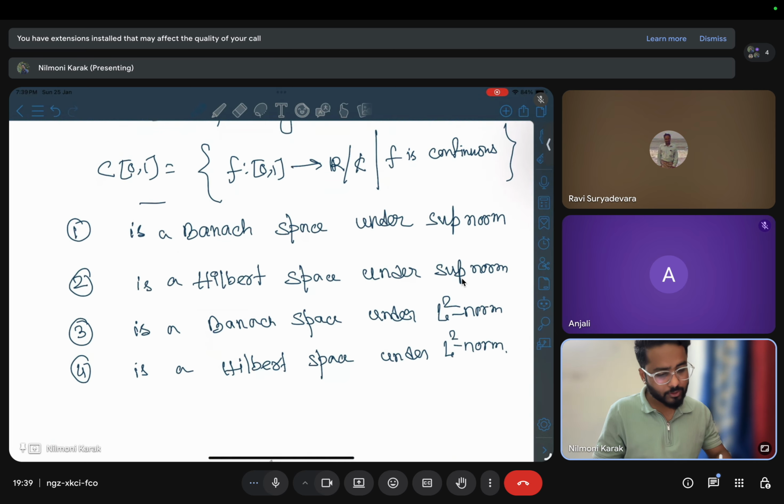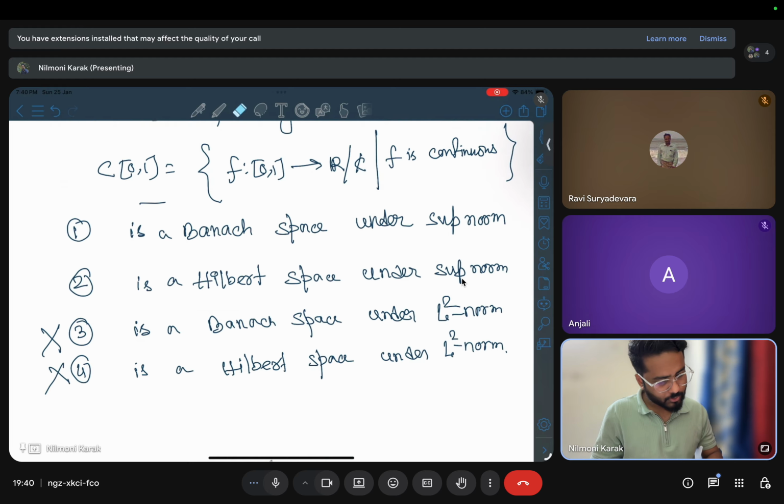It is a Banach space under the sup norm, Hilbert space under the sup norm, Banach space under the L2 norm, and Hilbert space under the L2 norm. Some of these are not true. Under the L2 norm it is not a Banach space, and not a Banach space means not a Hilbert space also. I will show this.